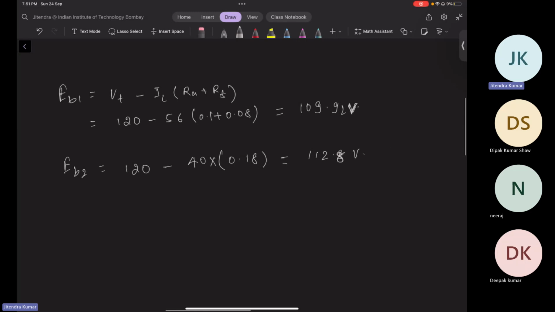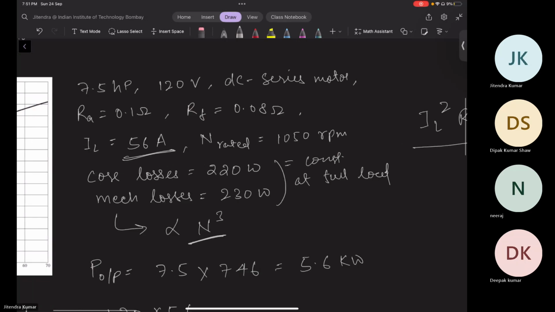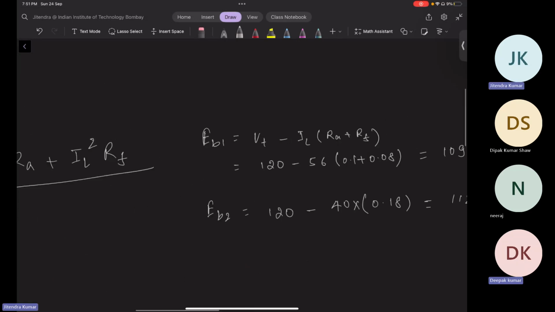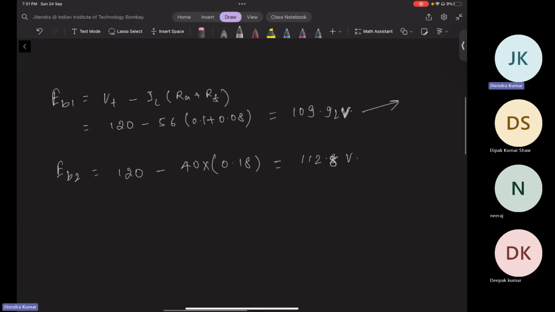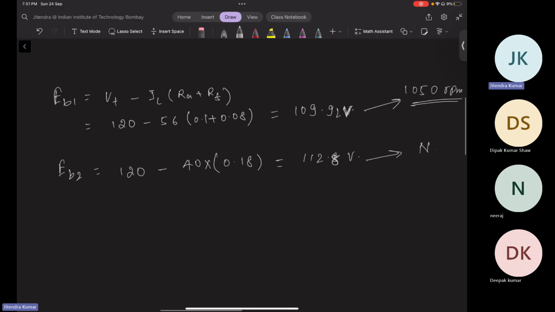Now, corresponding to this voltage, the speed was how much? 1050 RPM, right, the rated speed. Now we have to find this N2.